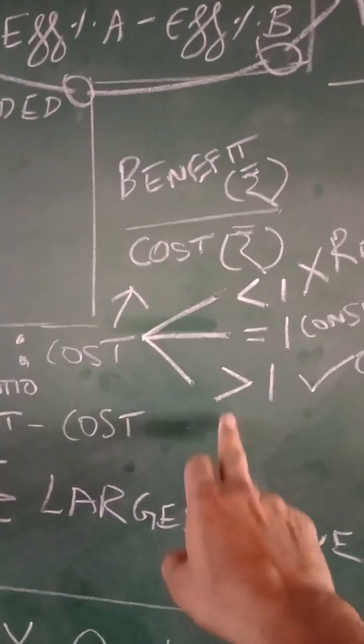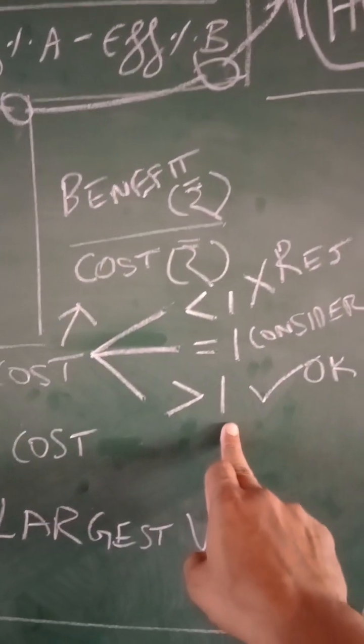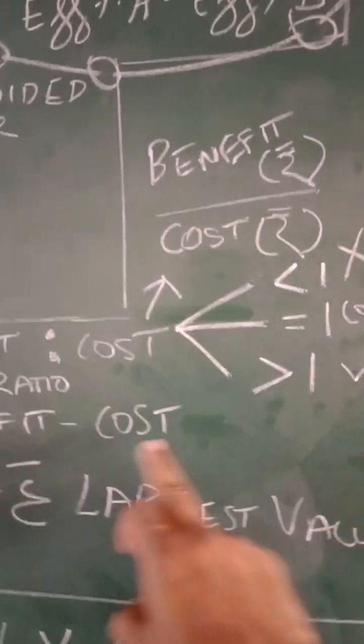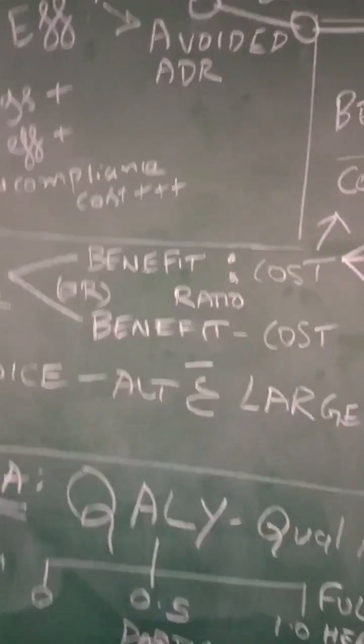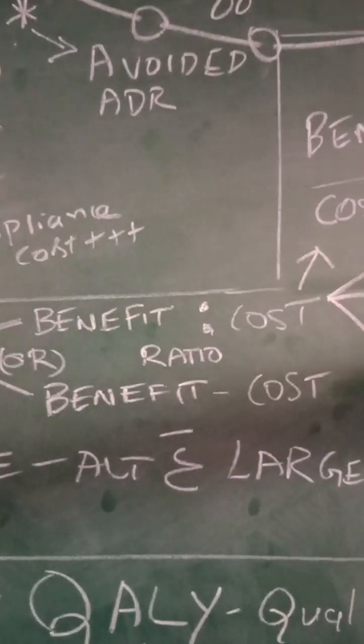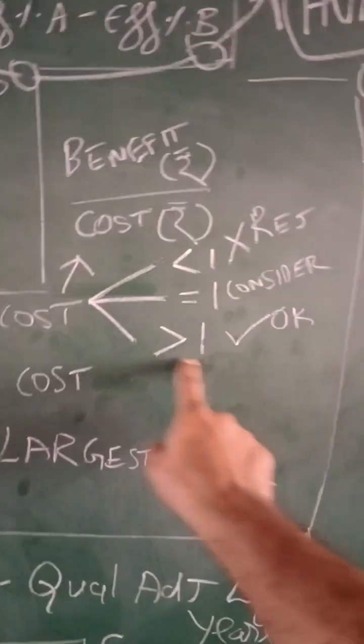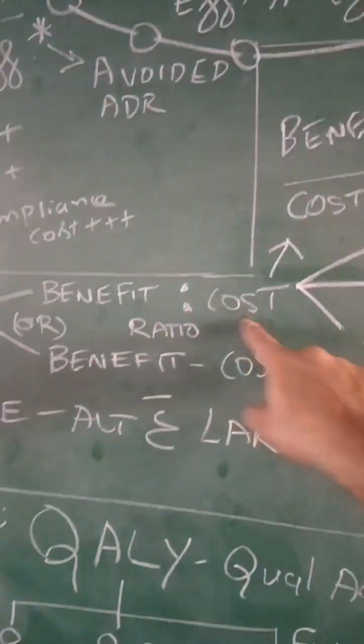When the benefits are going to be more compared to the cost, more than 1, then that is going to be okay. So benefit minus cost is one more way of checking the cost benefit analysis. Choose the alternative with the largest value possible over here. Whenever the value is bigger, that means that the benefits are higher compared to the cost.